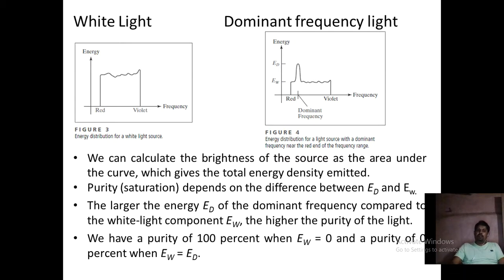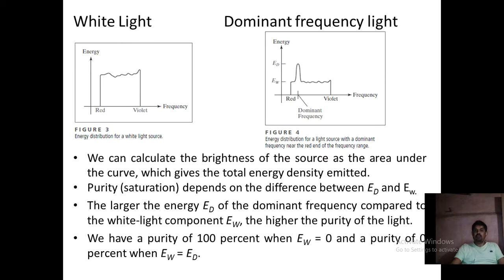We have a purity of 100%. When do we say purity of 100%? When EW is 0, there is no white, means you have not mixed any color other than your interested color. For example, you want pure red. When you want red, you don't mix other colors, right? If you mix other colors in equal amounts, you will get white.